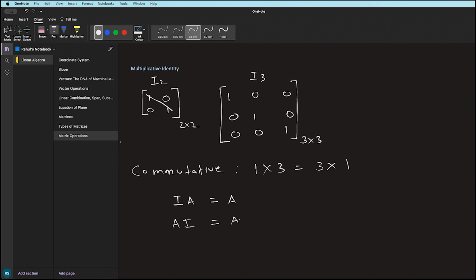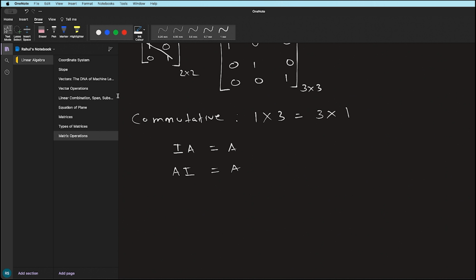For example, let me draw a matrix: 1 1 3, then 0 1 0.